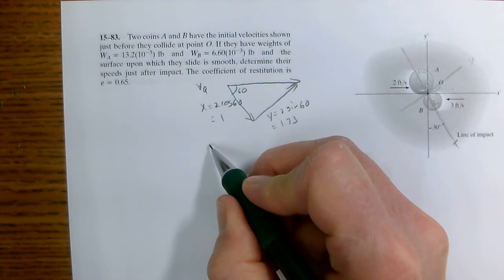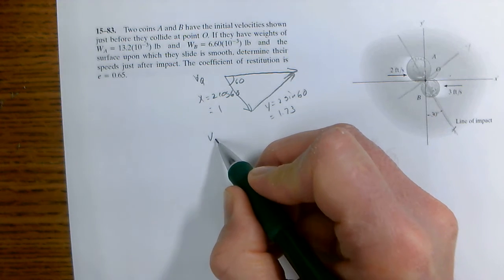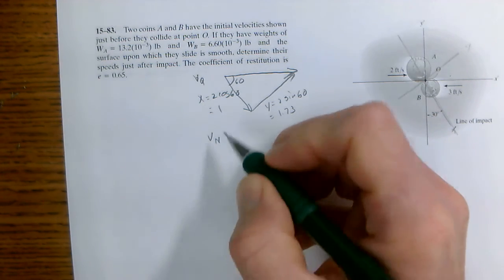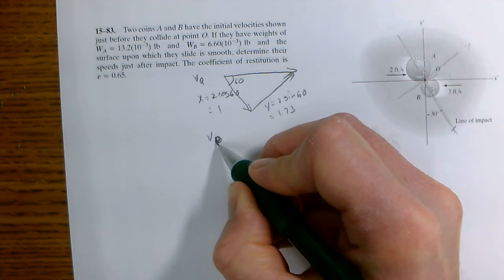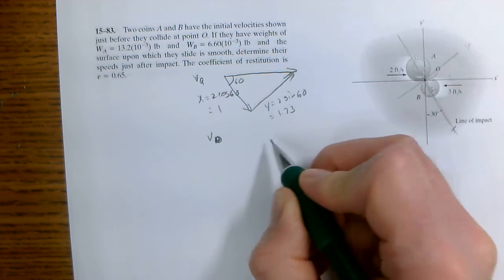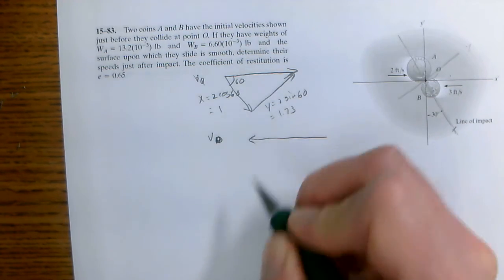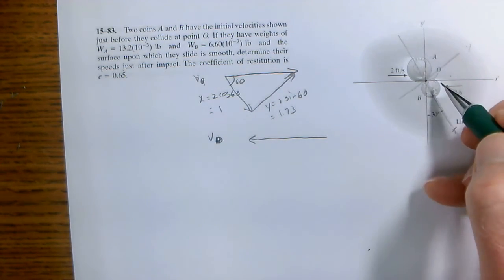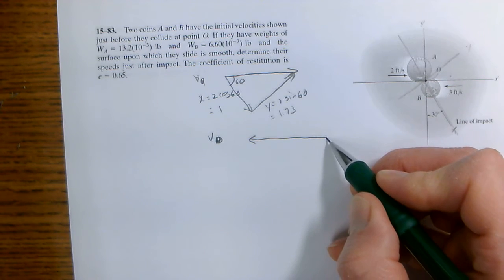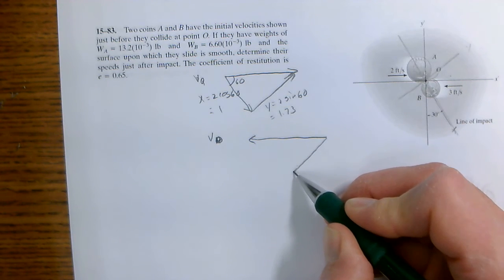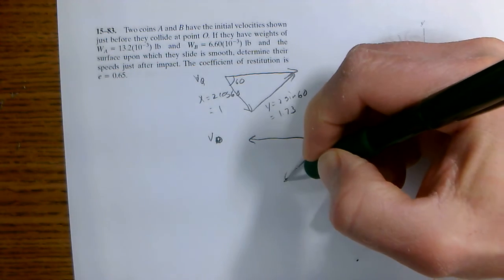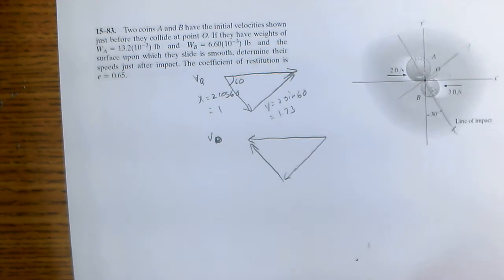So now if we do the velocity of the dime, initially, now we're rotating that, so we need to find the y component there and the x component there.